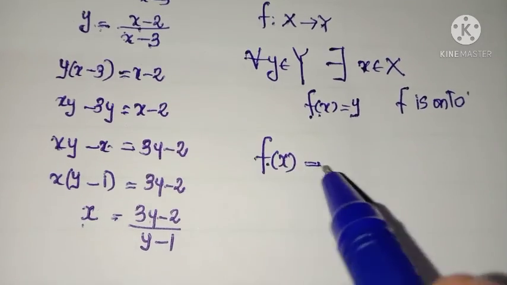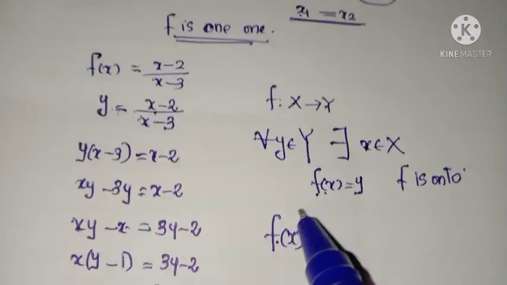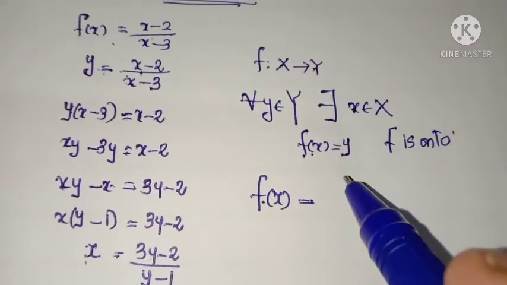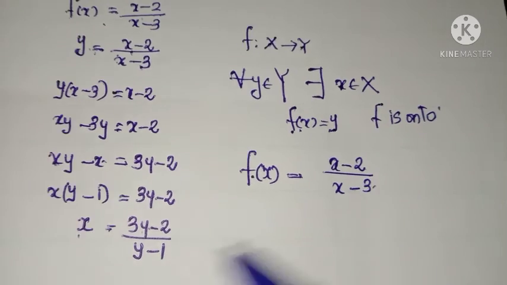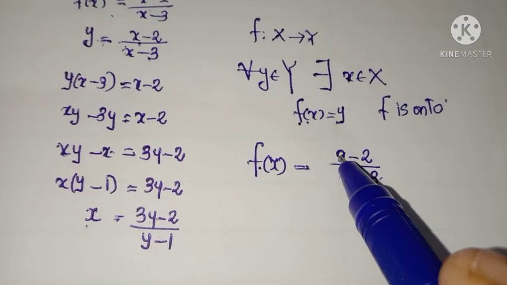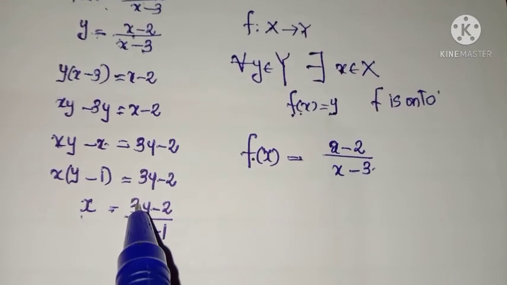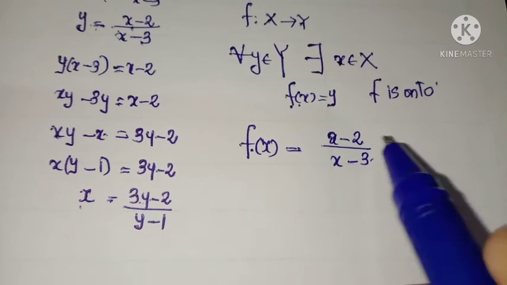Okay. So by definition, what is f of x? F of x equal to x minus 2 by x minus 3. Now here replace this x by 3y minus 2 by y minus 1.